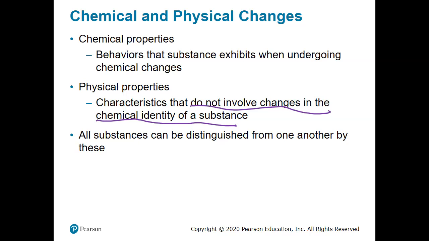In order for a chemical observation to be made, in order to observe a chemical property, we need to be observing a chemical reaction. So these are the things that happen when a substance is undergoing a chemical reaction.